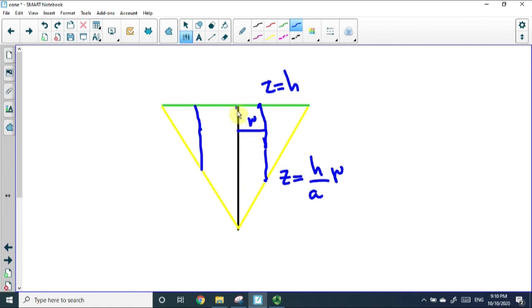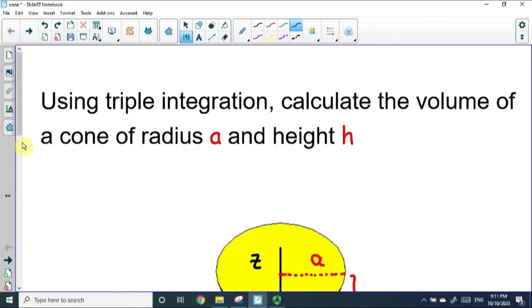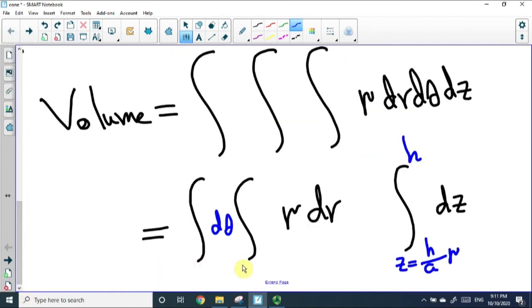So r will start from 0, and it will go to the maximum value when I choose this slice here, which has r equal a. So r is going to start from 0, which means you are on the z-axis, and go to the maximum possible value, which is the radius a. So if you go back now to the integration over r, r is going to start from 0, and go to the maximum value, which is a.